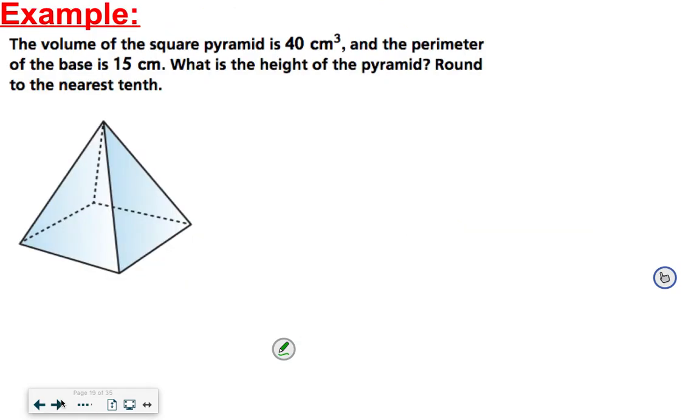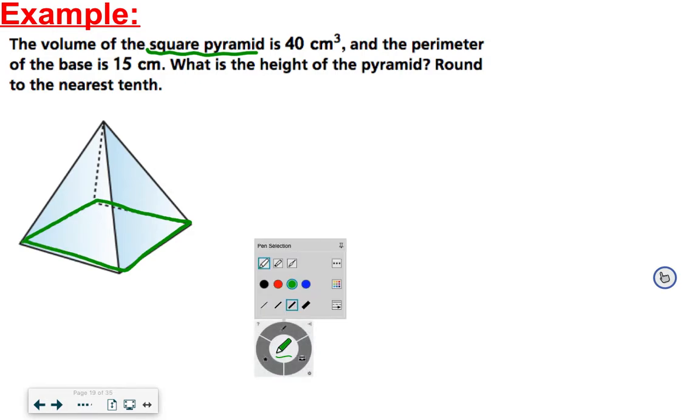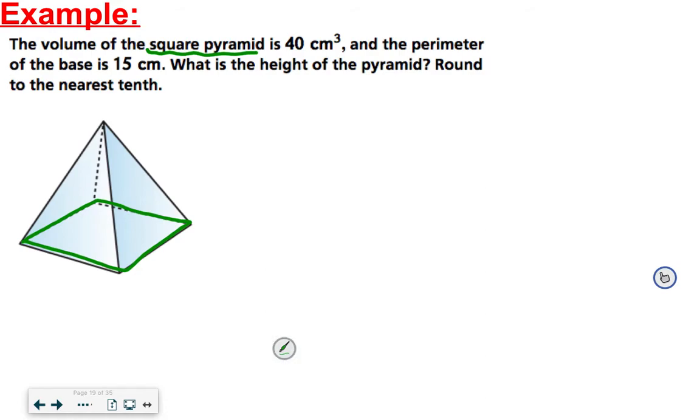Next, the volume of the square pyramid is 40 centimeter cubed, and the perimeter of the base is 15 centimeters. What is the height of the pyramid? Round to the nearest tenth. So we don't know what the height is.